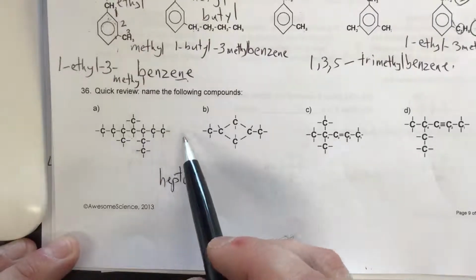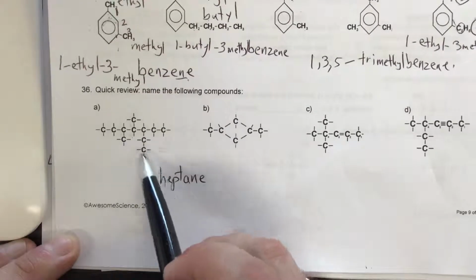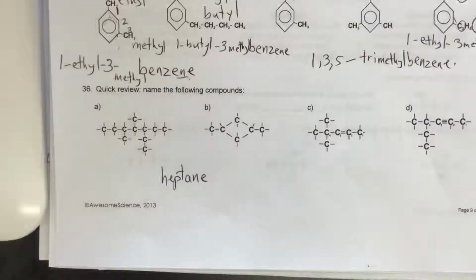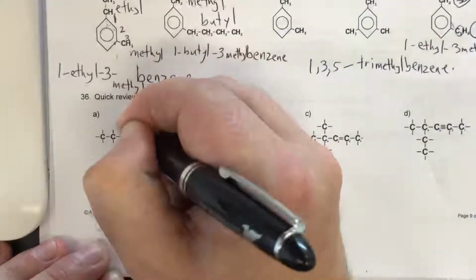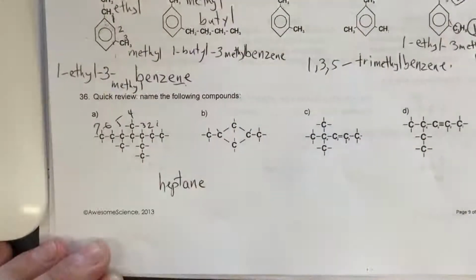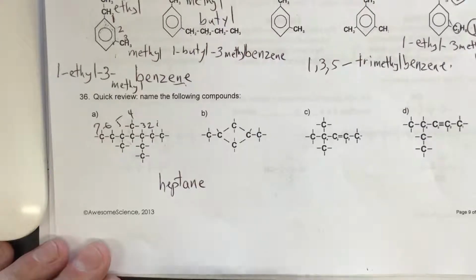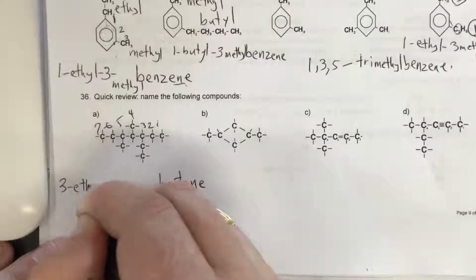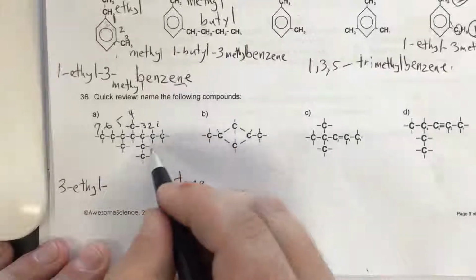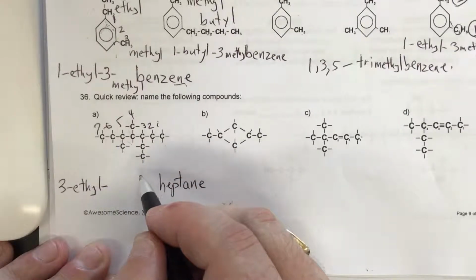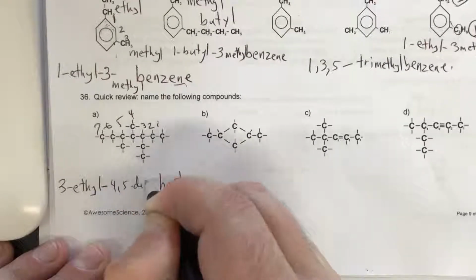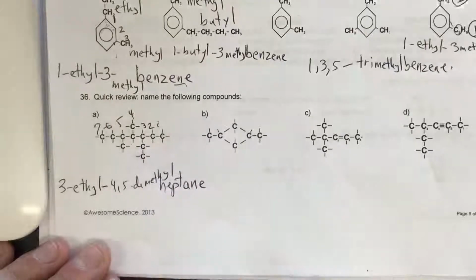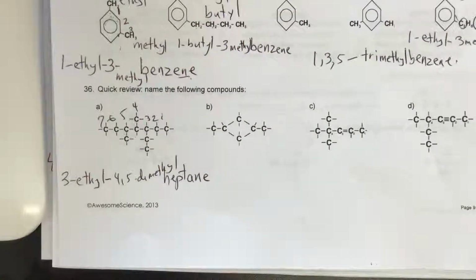E comes before M in the alphabet, so the ethyl group should get the lowest possible number. So this needs to be labeled 1, 2, 3, 4, 5, 6, 7. So this becomes 3-ethyl, 4,4,5 dimethyl. It's always hard to fit it in. Dimethylheptane. Okay.